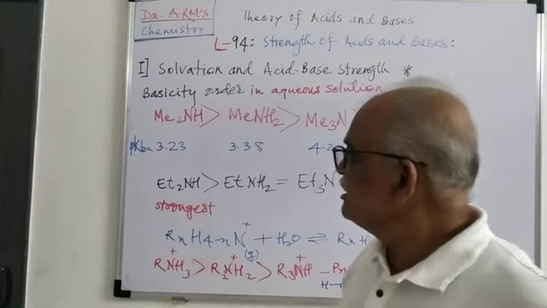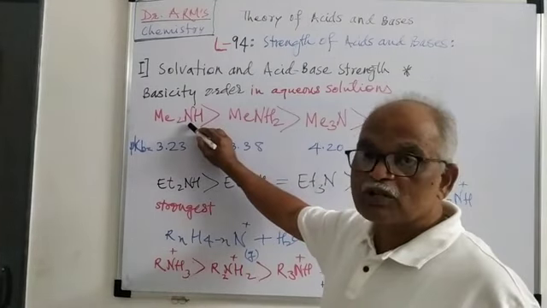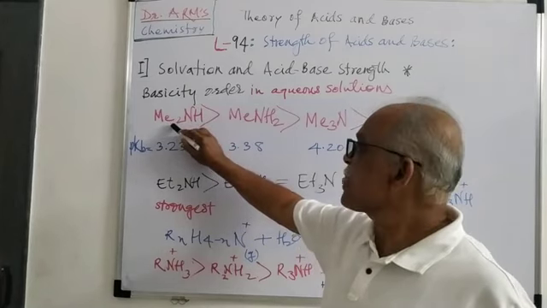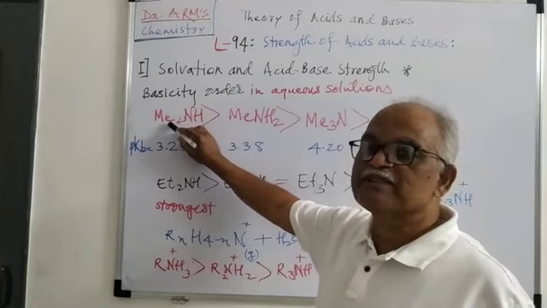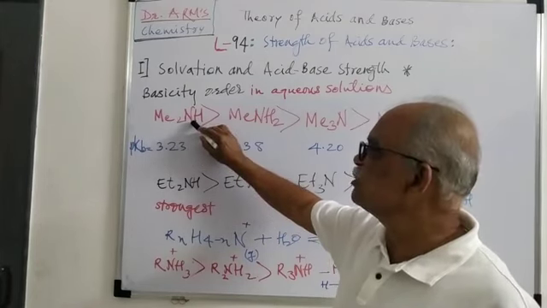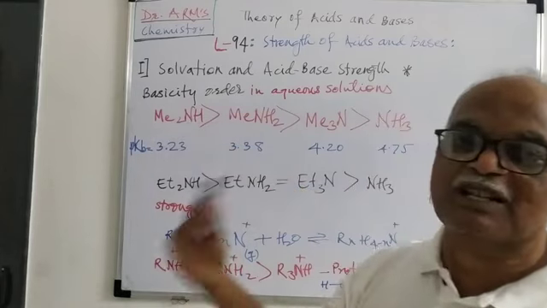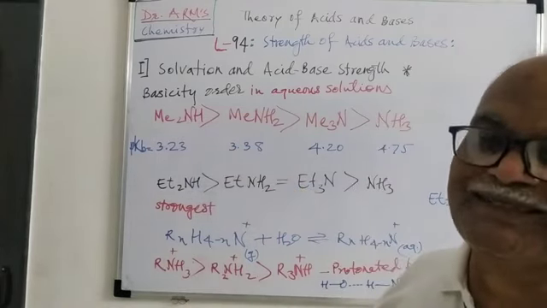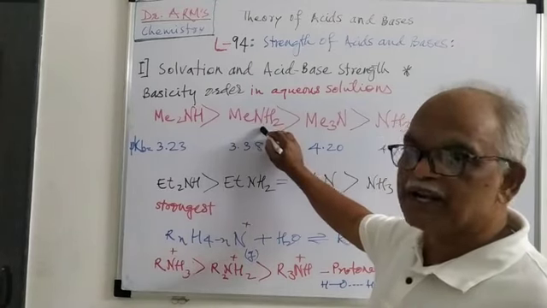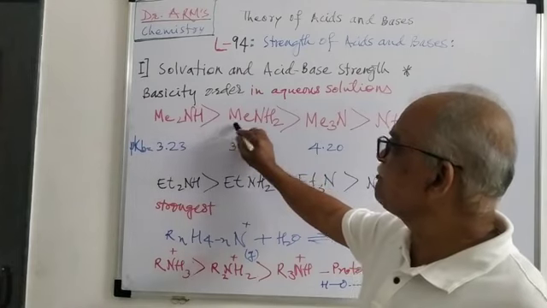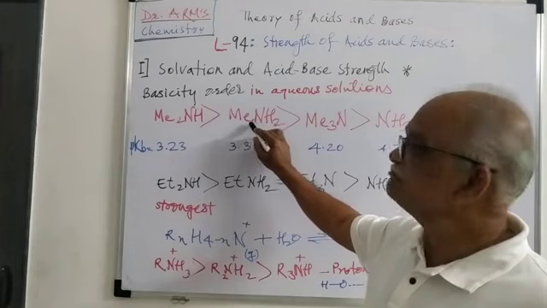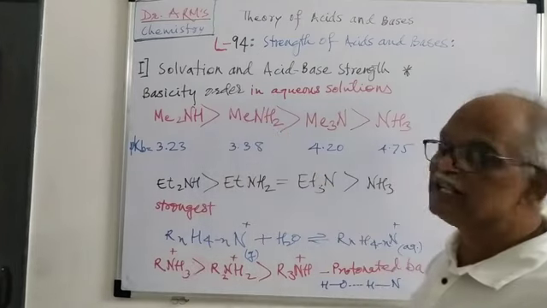This electron cloud is increasing with the number of alkyl substituents. Here the number of alkyl substituents is 2, so the electron density on nitrogen is more. So this is most capable of sharing its electron with a proton. Here it is methylamine. Relatively the number of methyl groups is less, and therefore it is a relatively weaker base. So basicity is relatively less.